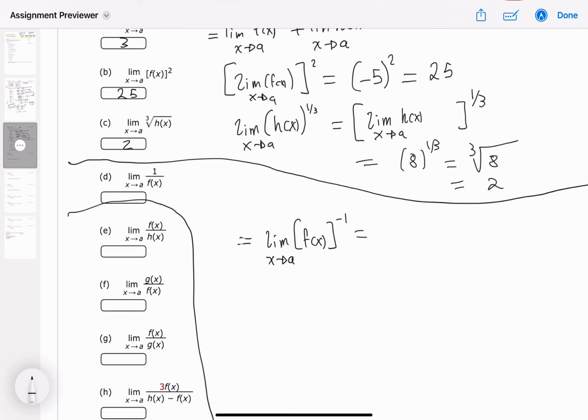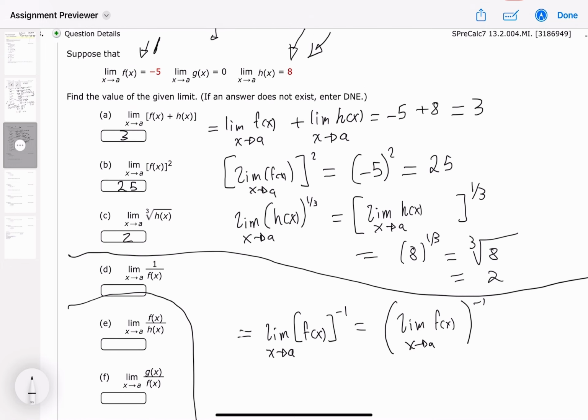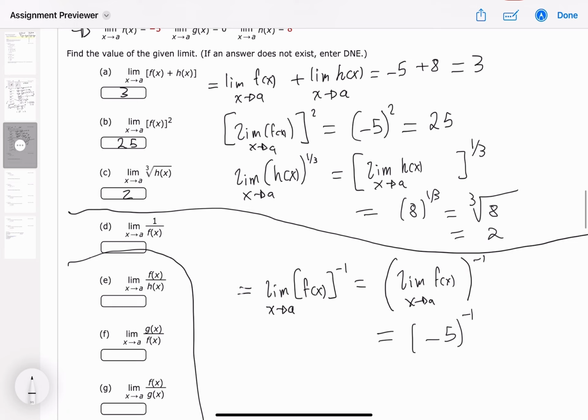So again, I will take the same property, limit of f of x as x approaches a, and then the -1 at the end. This limit I have inside those parentheses, I know it, because it was given here, and that was -5. Here, that is -5 to the -1. And now I can just rewrite this in the original form, as 1 over -5. That is the answer to this limit.